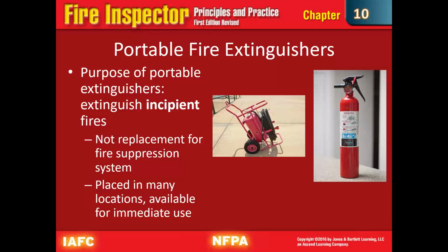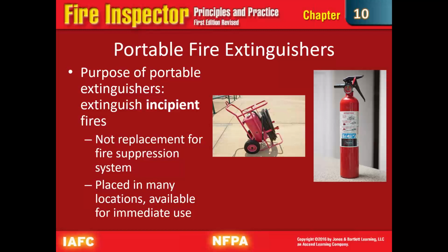All right, the purpose of the fire extinguishers is to try to extinguish the fire in the incipient stage. It's not a replacement for a fire suppression system, but it can help and be used as a backup.